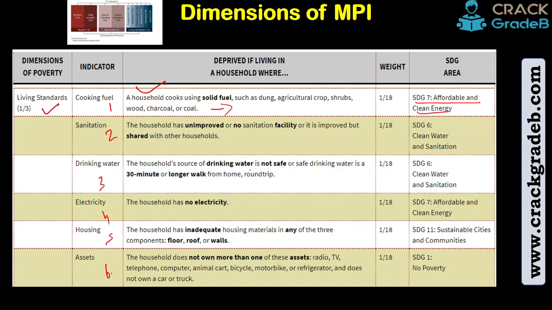Okay. Then sanitation. The household has no improved sanitation facility, or it's improved but shared with other households. Then they will be known as deprived. So it caters to SDG 6, clean water and sanitation.